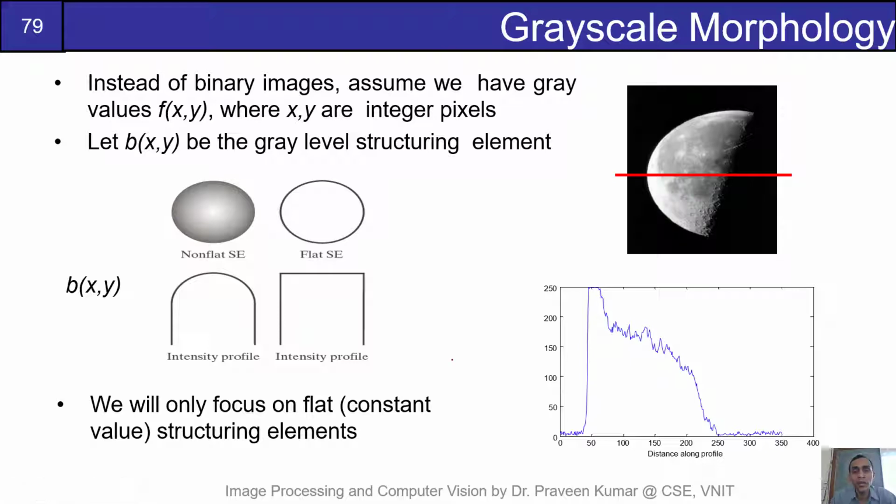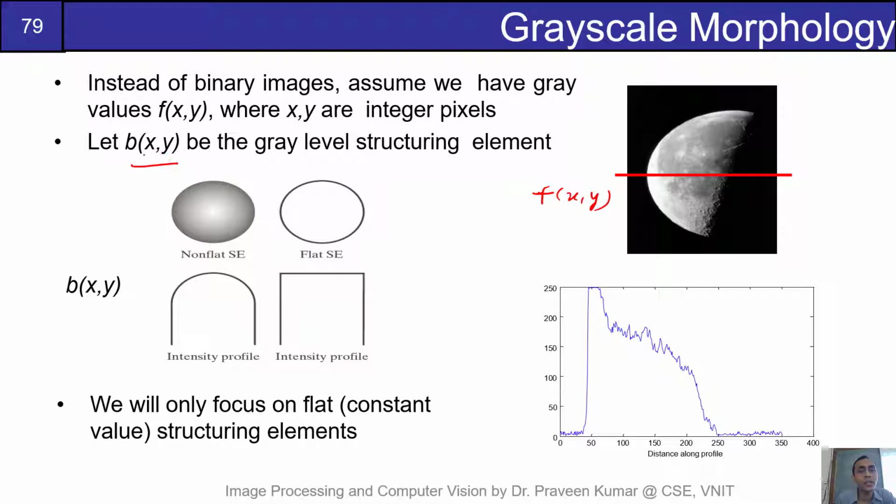Grayscale images means now we don't have to have a binary image. The intensity value f(x,y) will now be, for example, in this profile, it can have any values from 0 to 255 or whatever. It won't be a binary image, as well as your structuring element.